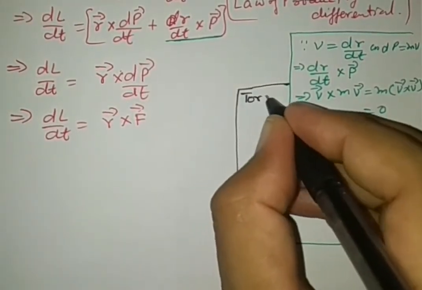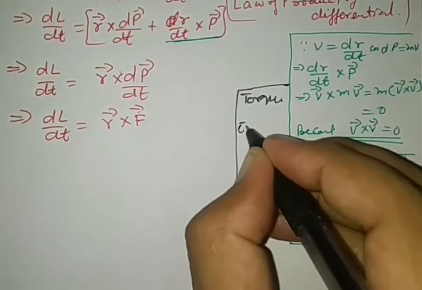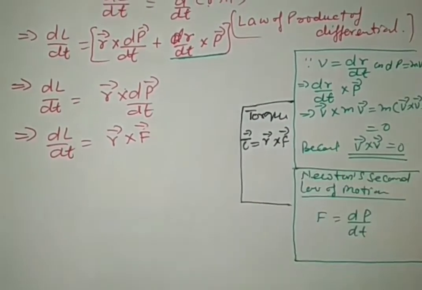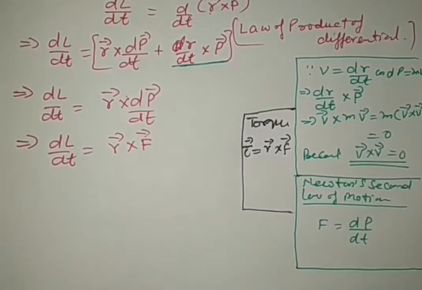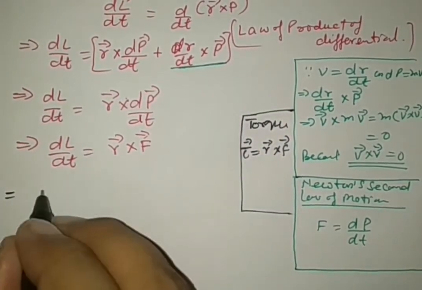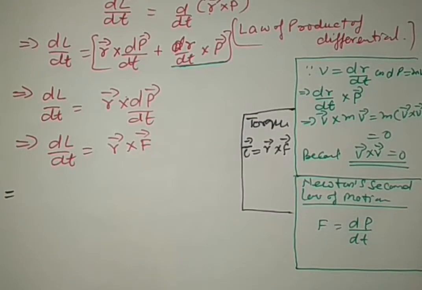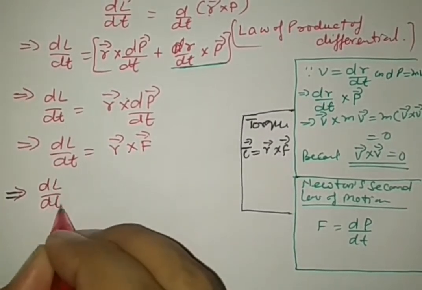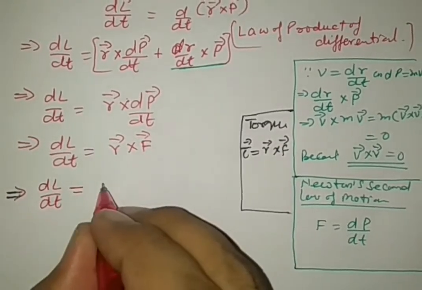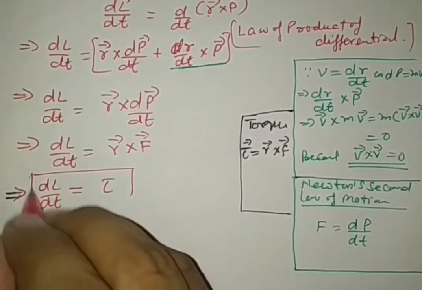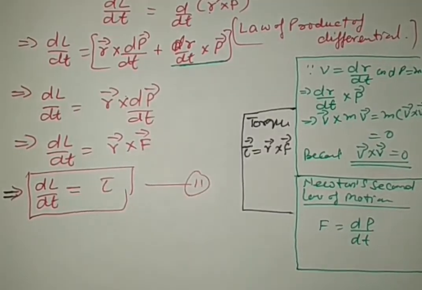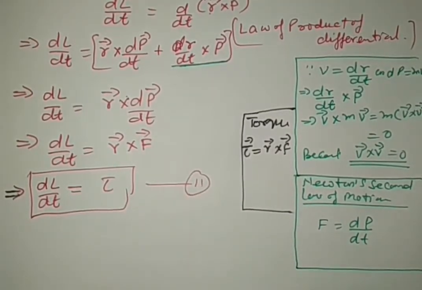Now see one more thing here in the black box. Torque tau is given by the formula, the cross product of r and F, the moment of force. So dL by dt is equal to torque. It is equation number 2. Now what does it indicate?